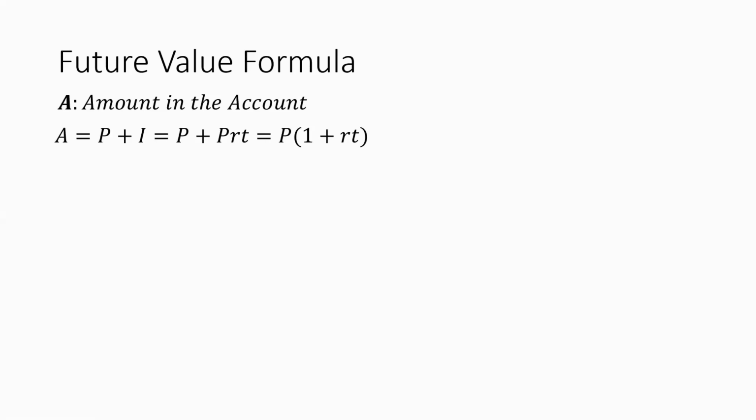So it's pretty intuitive. We're finding our interest, adding what we had initially, and that will give us the total amount. We did a little bit of fancy algebra and factoring, but we don't really have to do that. You could have stopped and used the second to last formula. You would get the exact same result. It's just, I believe if you're following along in the book, this is the formula that they use.